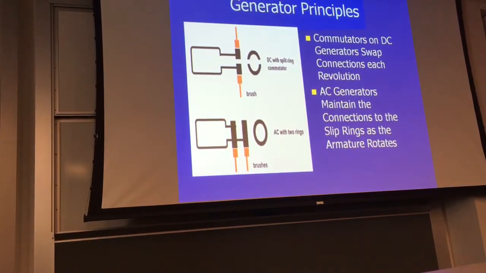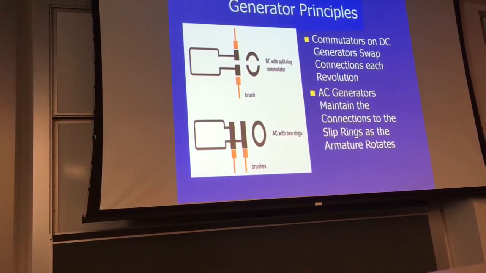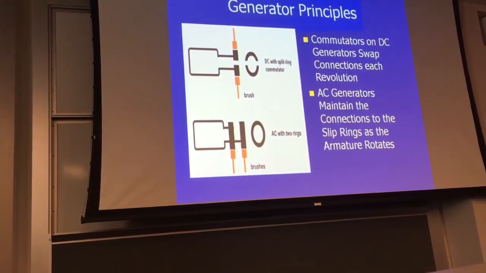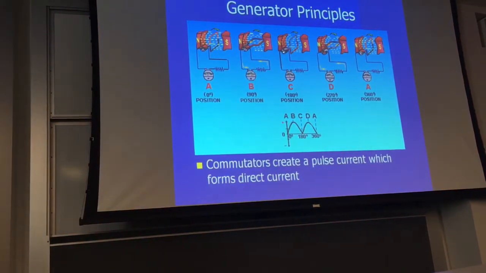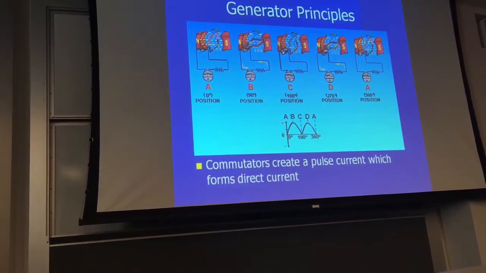So what was negative now is positive, and we just continue to rotate so that instead of having a sine wave, we wind up with a little lumpy DC waveform like this.